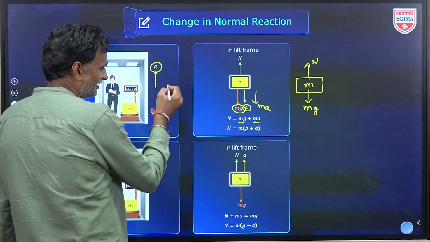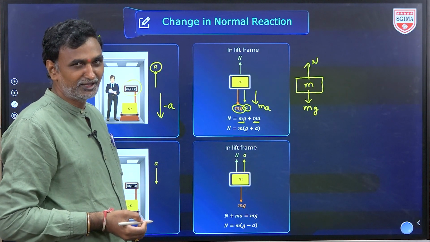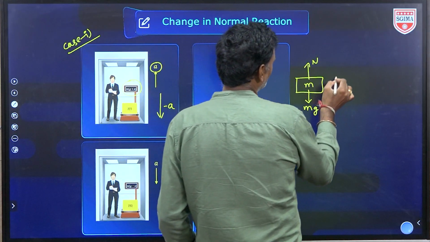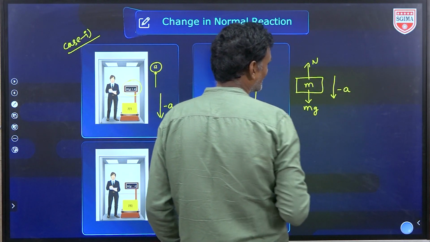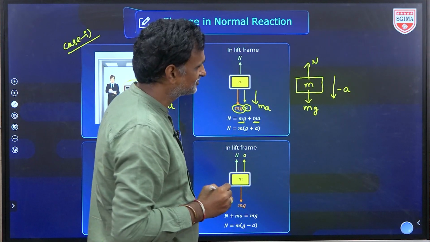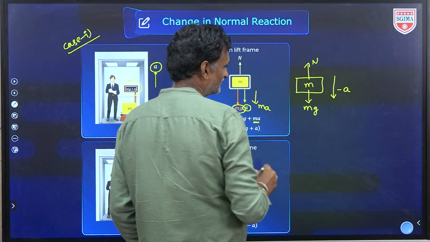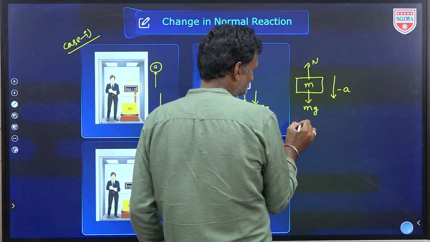If it is retarding downward with the same acceleration, retardation indicates negative acceleration. So we write minus a for the downward direction, that is, retardation downward is given.